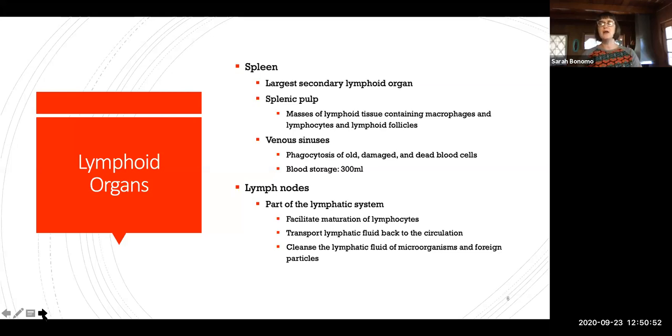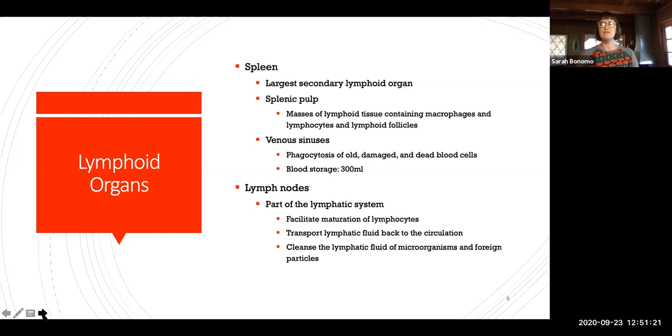So if you look at the splenic pulp, it's masses of lymphoid tissue that contains these components: macrophages, lymphocytes, and then lymphoid follicles. They basically collect interstitial fluid from our tissues. So interstitial fluid is the fluid within the tissues, and then it transports it as lymph back to circulation.